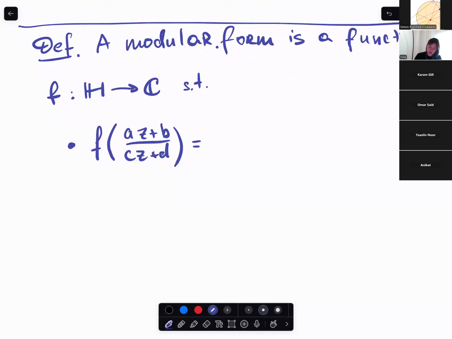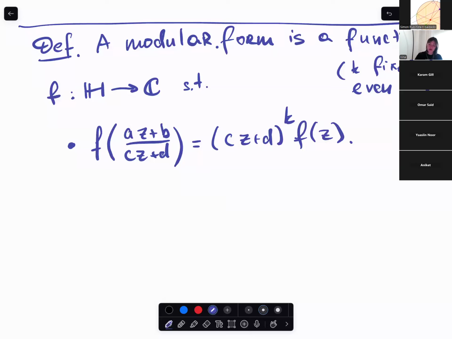Then this will be equal to cz plus d to some number k, which is fixed, and it will just be an even integer, times f of z. So if you know f of z and you give me a matrix and you apply the transformation, I can give you the value at the point which is the output of that transformation.